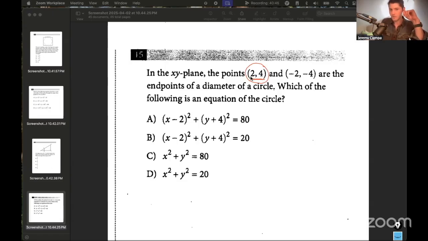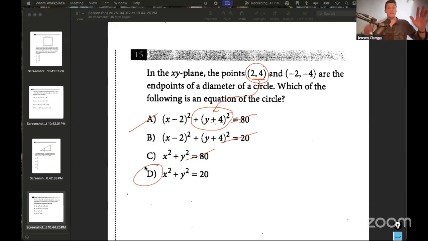This set of values, x and y, has to work in our equation. And in A, we'll get 64 equals 80, right? 0 plus 4 plus 4, 8 squared. So using the value here would not work, nor would it work here, nor here.